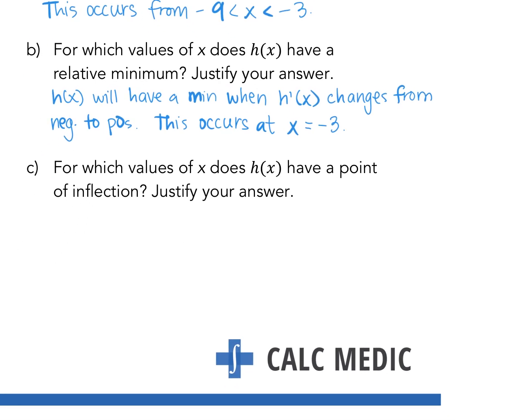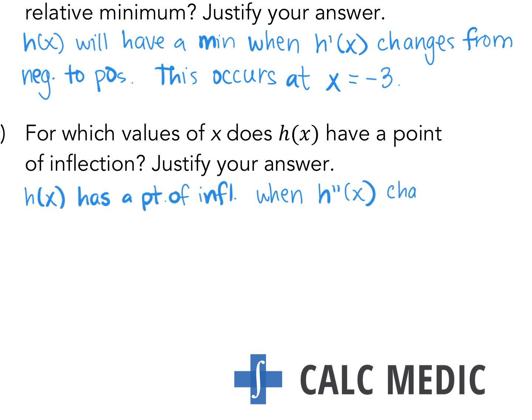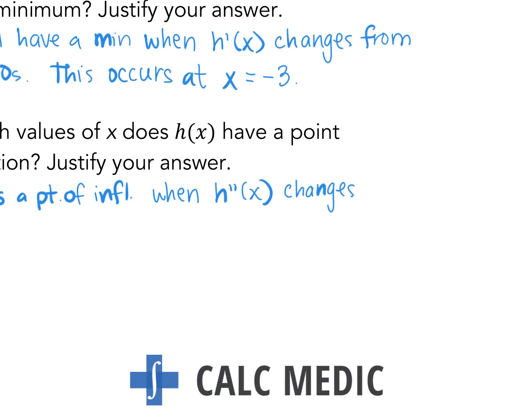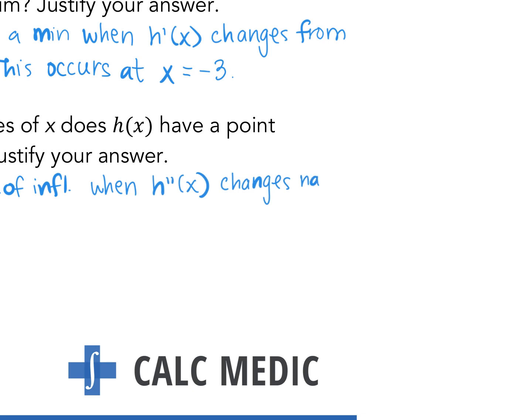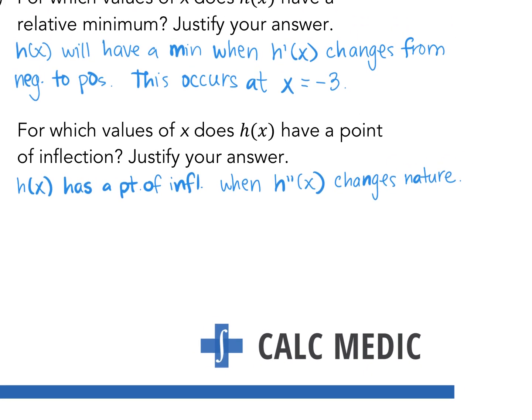All right, and then the last one, when will it have a point of inflection? H of x has a point of inflection when h double prime of x changes nature. Now, I don't have h double prime of x.